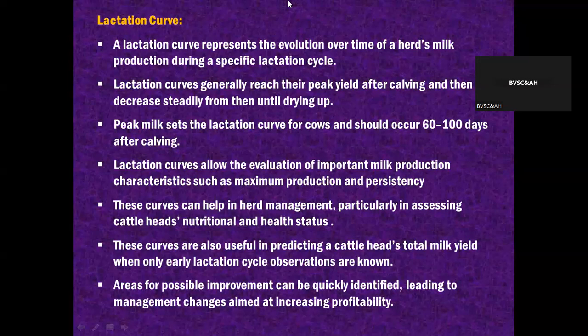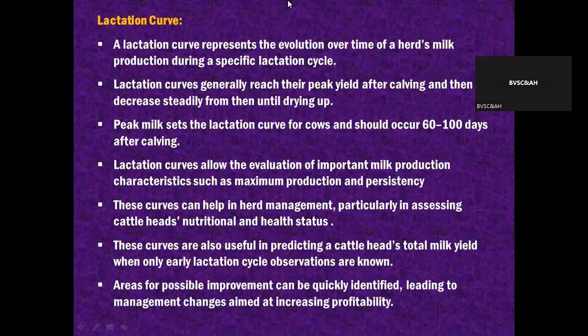So these lactation curves can be used for predicting the milk production in a herd, the maximum milk production, and their persistency. They also help in herd management, particularly in assessing cattle herds' nutritional and health status.